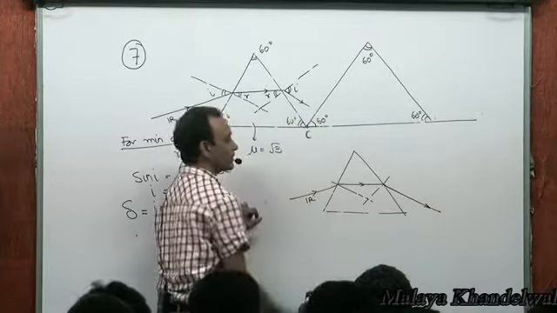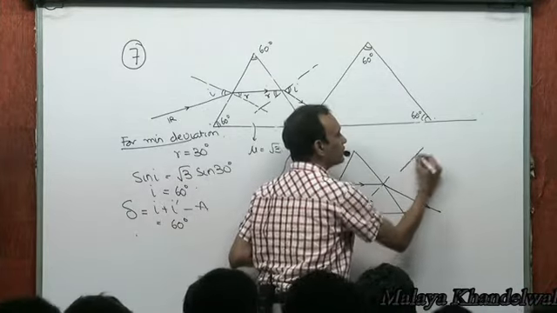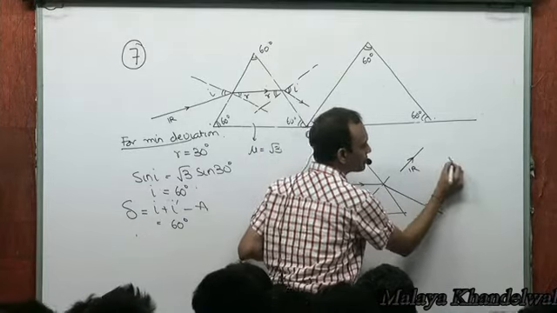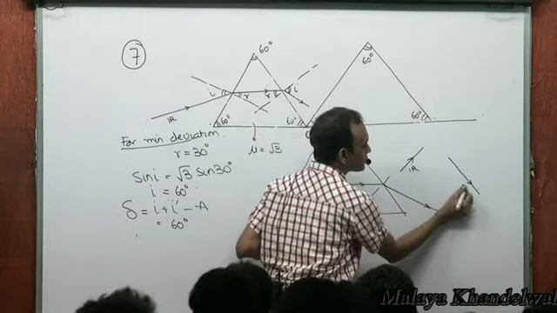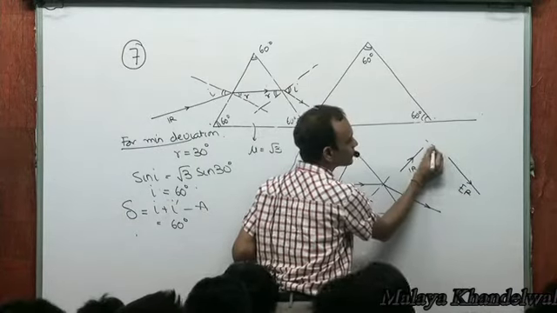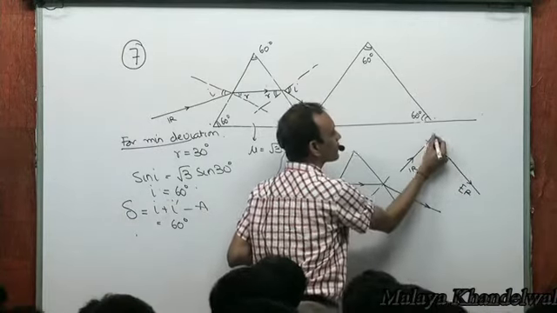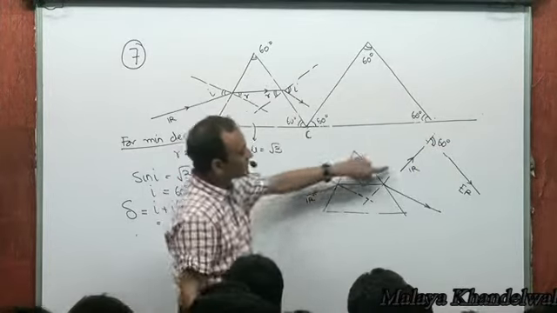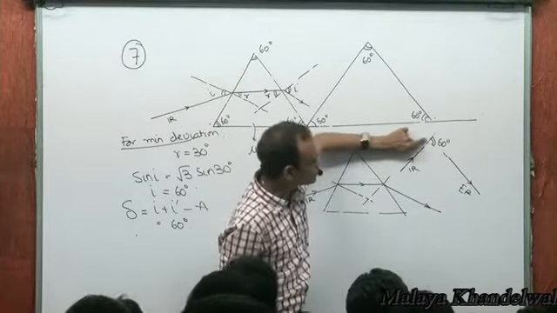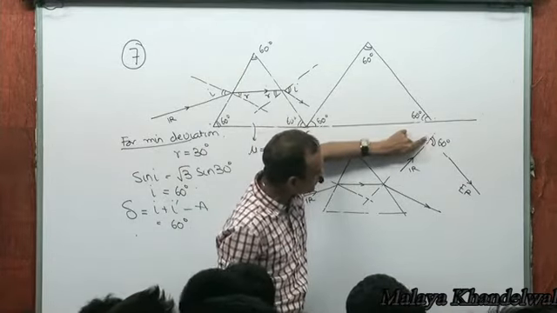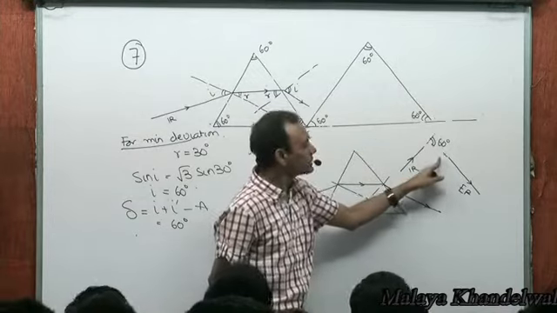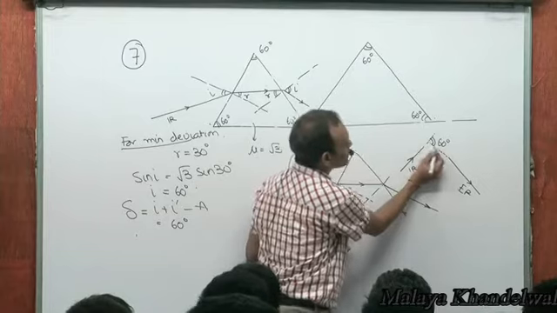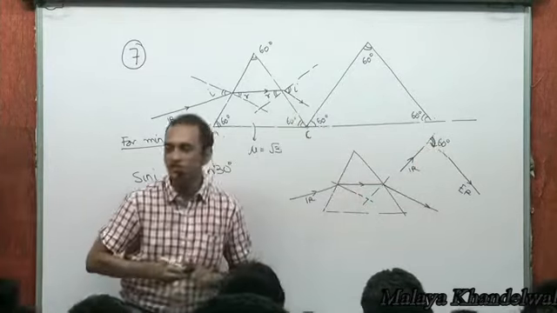Emergent ray, and the angle between the incident ray and the emergent ray, this is 60 degrees. This is what it means. If the deviation is 60 degrees, that means if nothing had happened to the incident ray, it would have traveled in this direction. But now, because of the prism, it travels in this direction. So it must have got rotated by an amount equal to the deviation, which is 60 degrees.